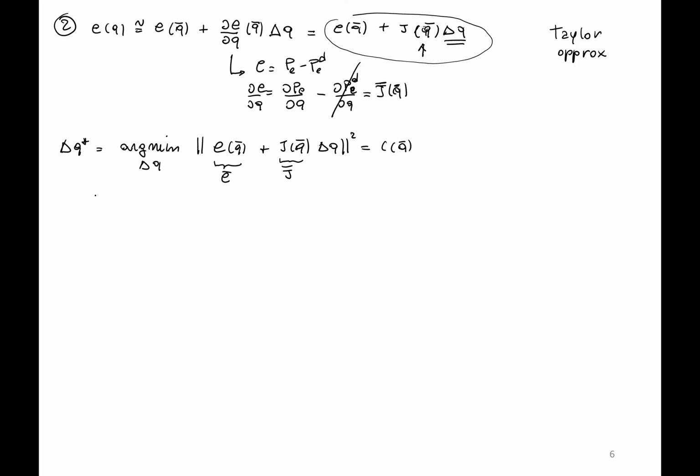And to solve this, we can first express the Euclidean norm explicitly. So we write this. I said I use the simplified notation. Transpose. You remember the norm can be expressed this way. And this is what?